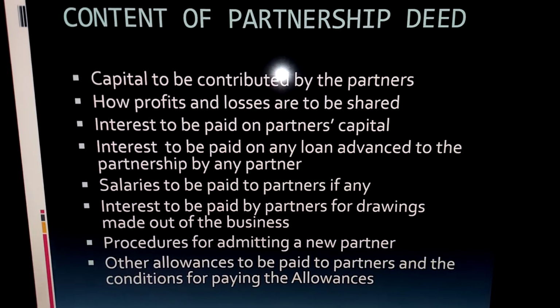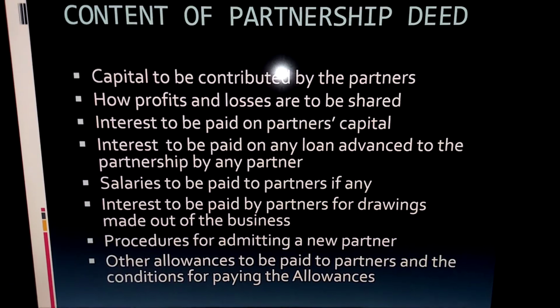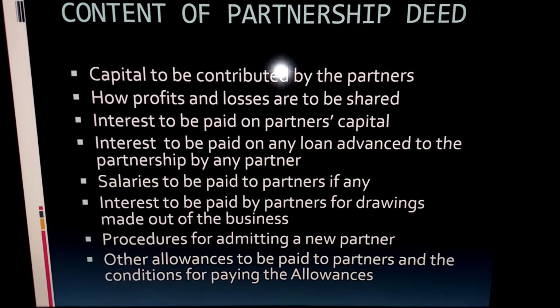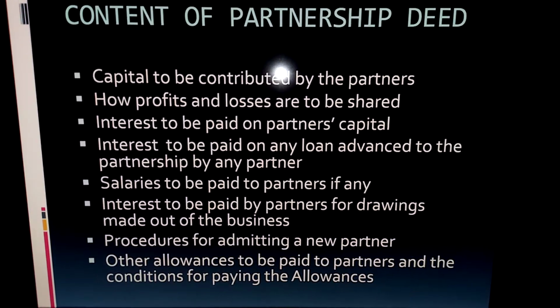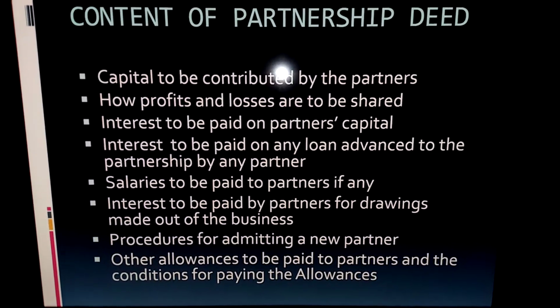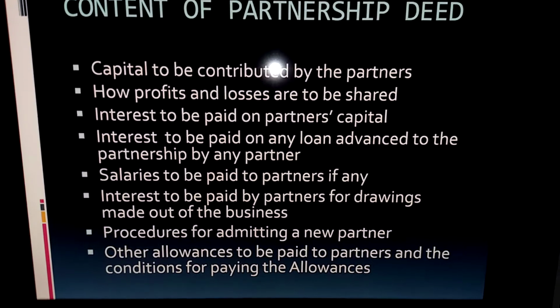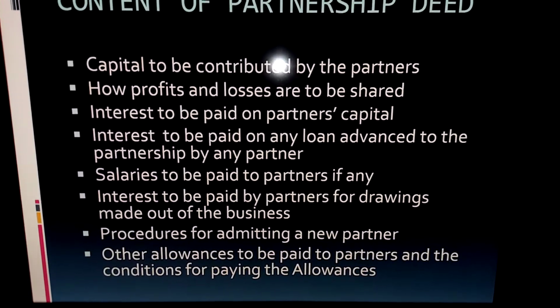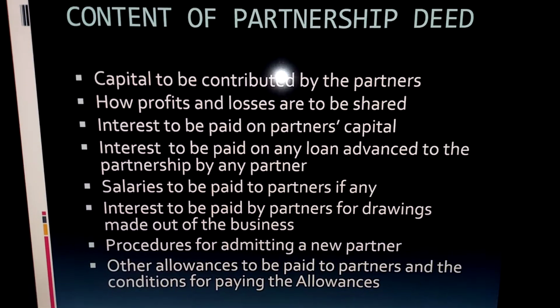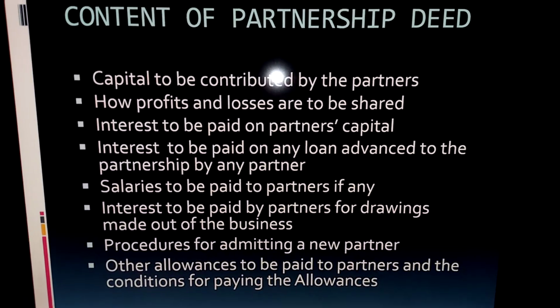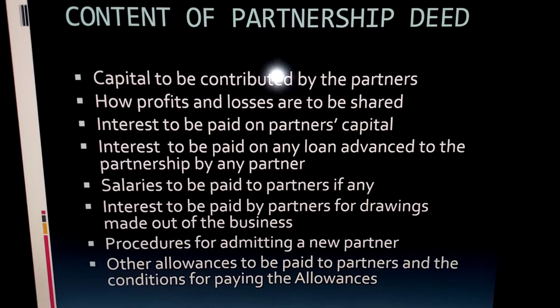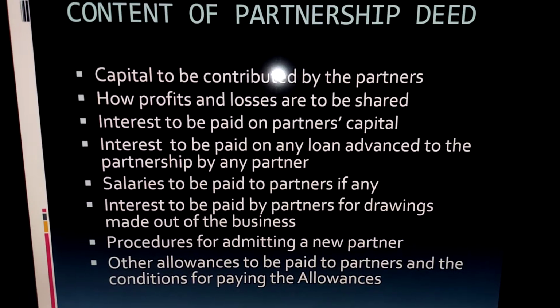Now, what are the contents? Before even looking at this, we can just look at it from the angle that, okay, you are going into a business with someone. What are the likely things that you're going to be agreeing on? You're going to be agreeing on capital to be contributed. You're going to be agreeing on how to share your profit. You're going to be agreeing on any interest to be paid on the capital you're contributing, and on any interest to be paid on the loan you give to the business.